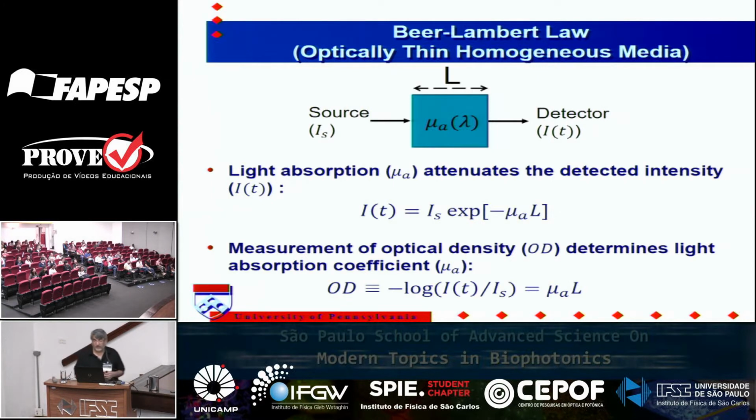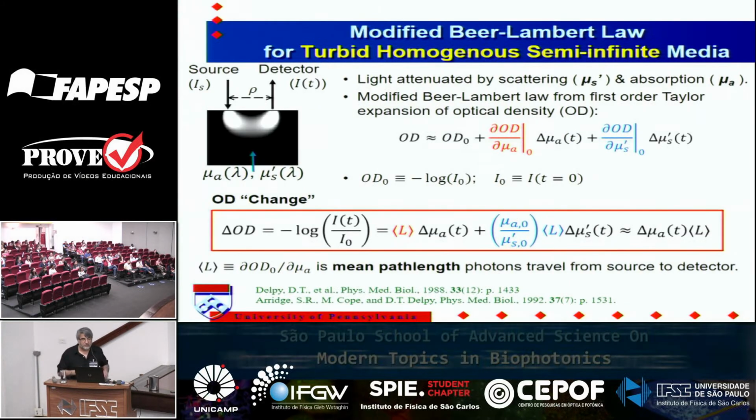So what the modified Beer-Lambert law does is it basically says, well, I have an OD, and it expands the OD around some baseline value. So I have some optical density that I'm measuring in my tissue.